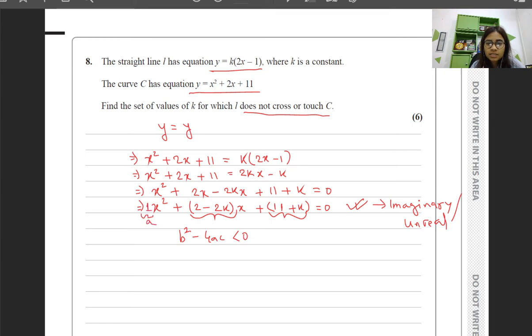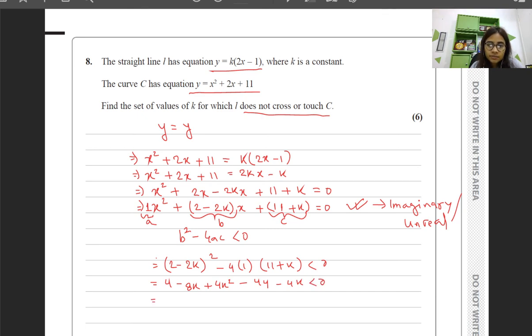So (2 - 2k)² - 4 × 1 × (11 + k) < 0. So from here we get 4 - 8k + 4k² - 44 - 4k < 0.